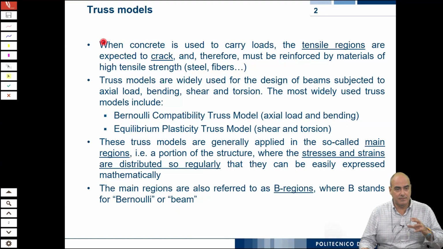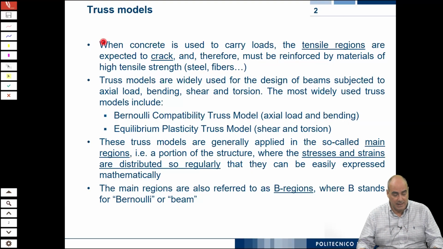So this leads us to think, when Morsch and Ritter looked at the cracked beam in shear, they said, okay, this looks really like a truss. You visually can see the truss. So the truss models were used to design the reinforced concrete structural elements.